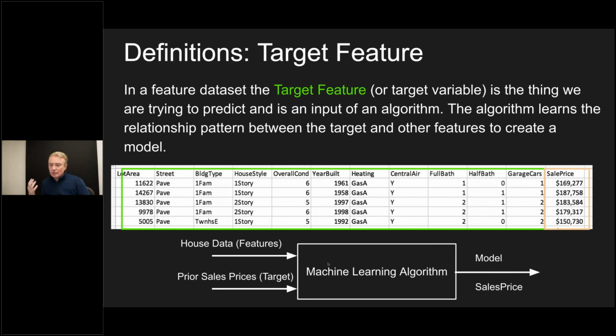But the algorithm is really the function you're using to learn. You feed it the features, the stuff in green, and you feed in the sales price, because what it's trying to do is learn the pattern between sales price versus all of these. That way you're telling the model, hey, I'm going to tell you the number of bedrooms, bathrooms, garage, condition, all that stuff.